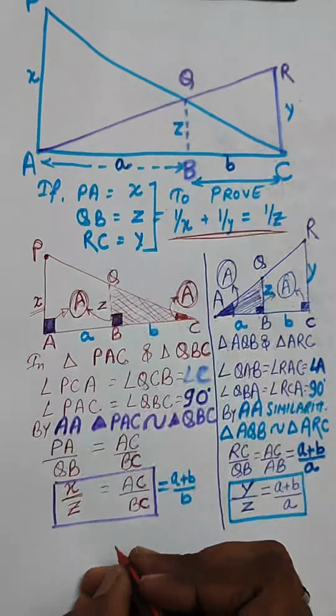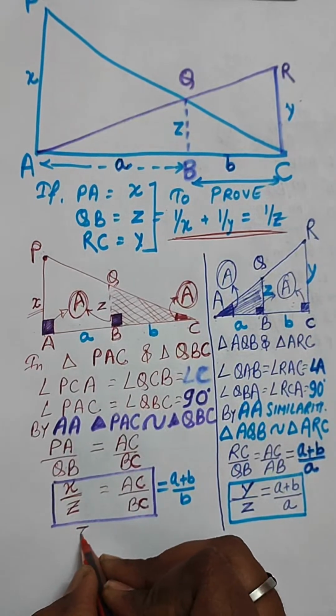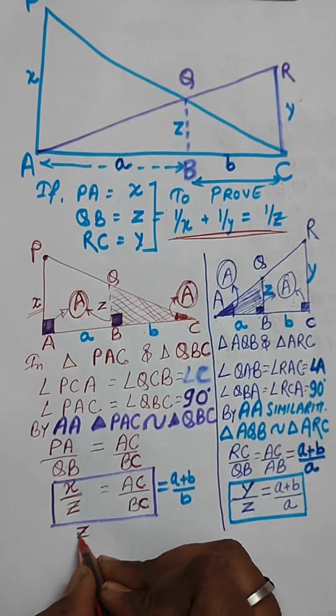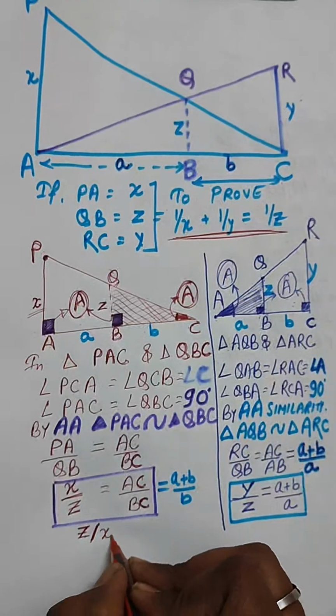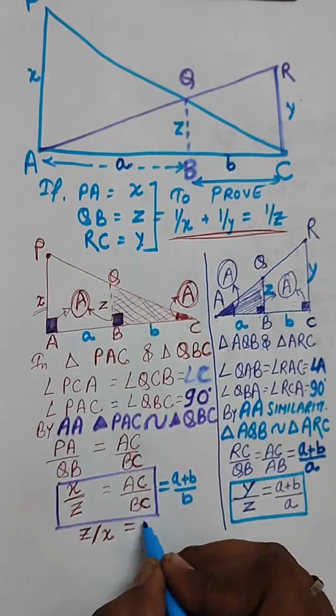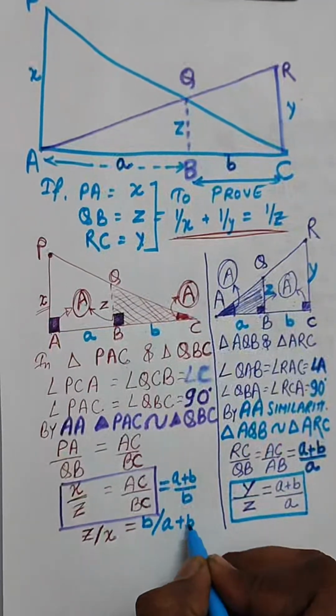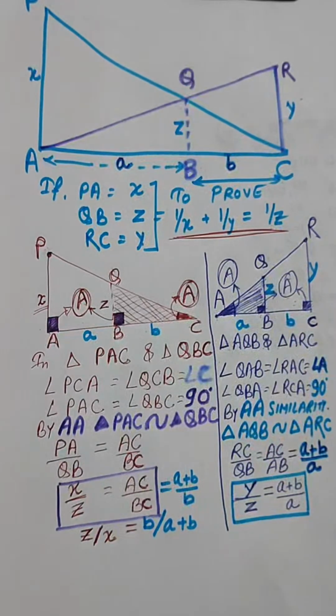So when you reverse it, you will get the value of z by x as equal to b by a plus b, isn't it?